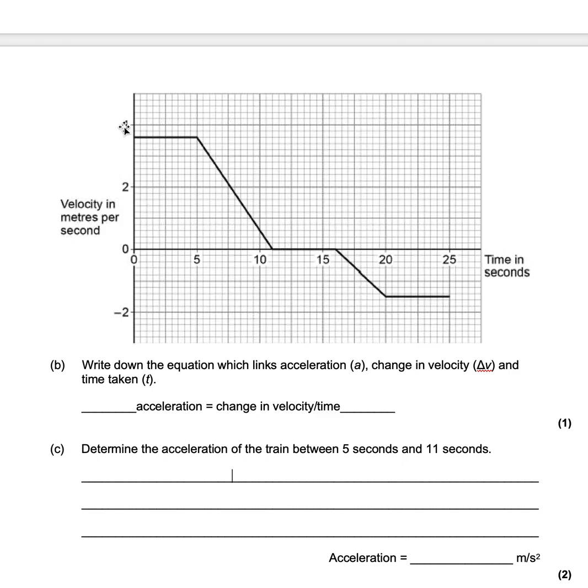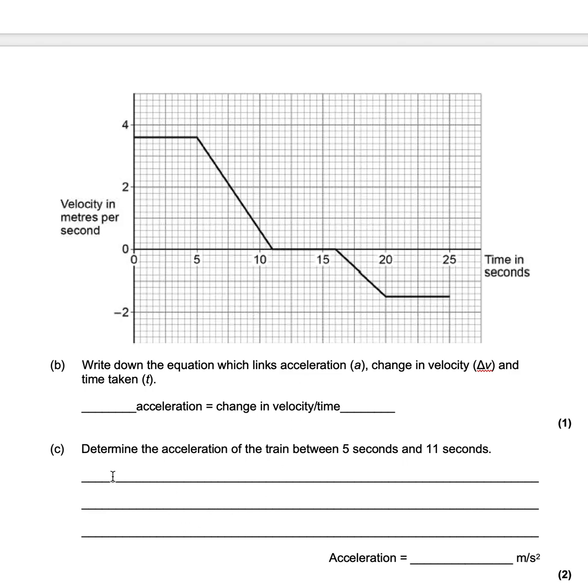So between 3 and 4, you've got 5 little squares. So that means that each little square is going to be 0.2. Okay, so 3 is here. So the initial velocity is 3.6 at 5 seconds. And we end up at 0 meters per second, 11 seconds.